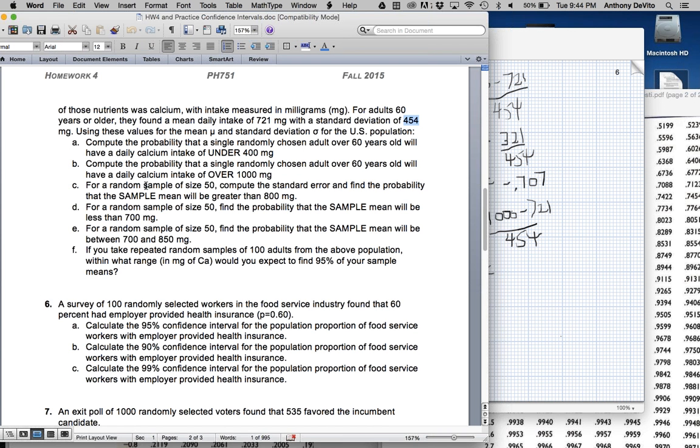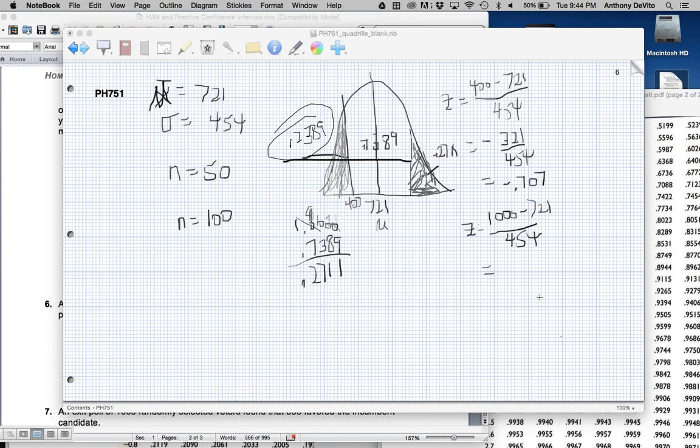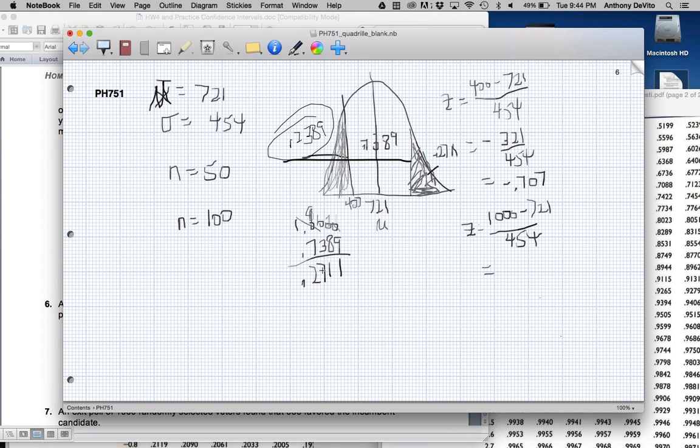Okay, so for a random sample of size 50, compute the standard error and find the probability that the sample mean will be greater than 800 milligrams. Well, now we're going to take a sample of size 50, right? So we have to look at what it means to take samples of size 50.